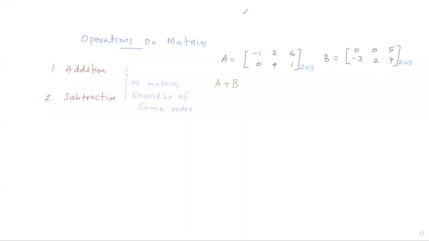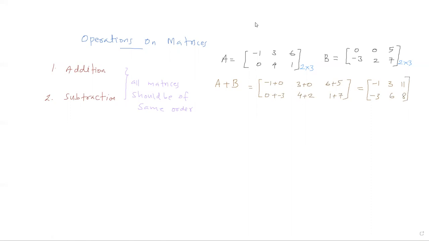So addition के लिए what you have to do is just simply add the corresponding elements. So -1 plus 0, 3 plus 0, 6 plus 5, 0 plus -3, 4 plus 2, 1 plus 7. ऐसा लिखने का कोई जरूरत नहीं, डायरेक्टली आप आंसर लिख सकते हैं. -1 plus 0 it is -1, 3 plus 0 is 3, 6 plus 5 is 11, 0 plus -3 is -3, 4 plus 2 is 6, 1 plus 7 is 8.